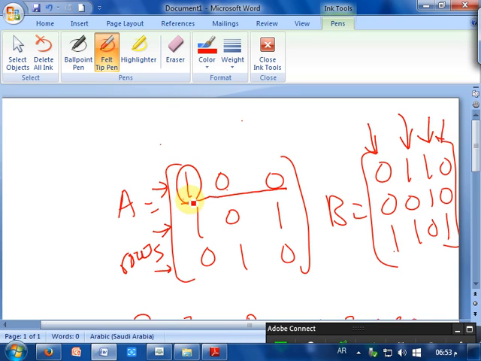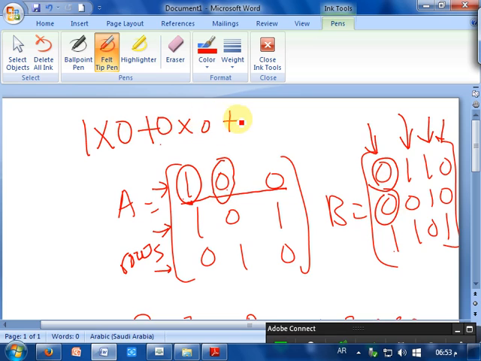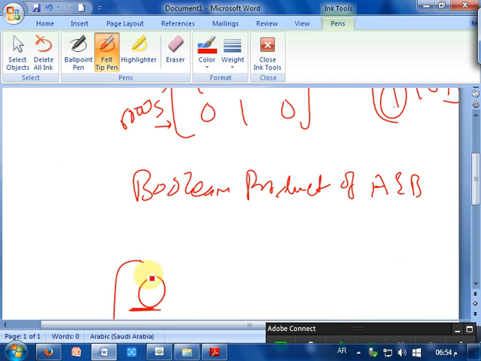First element multiplied with first element, so it is 1 into 0, plus second element with the second element in the column, so it is 0 into 0, plus third element with the third, 0 into 1. Then it is 0. It is totally 0. So you write in this place 0.